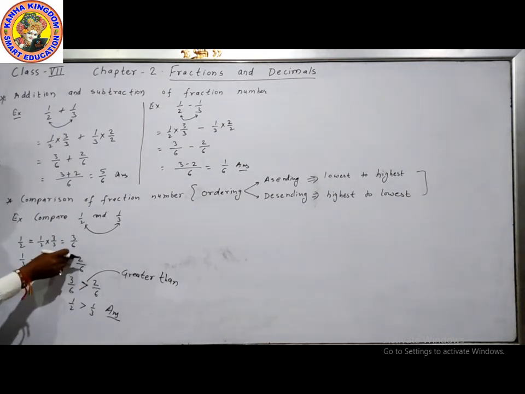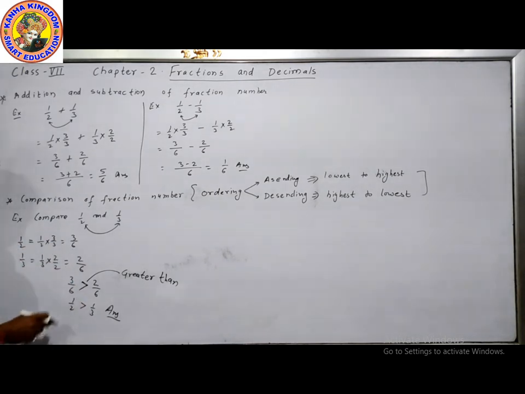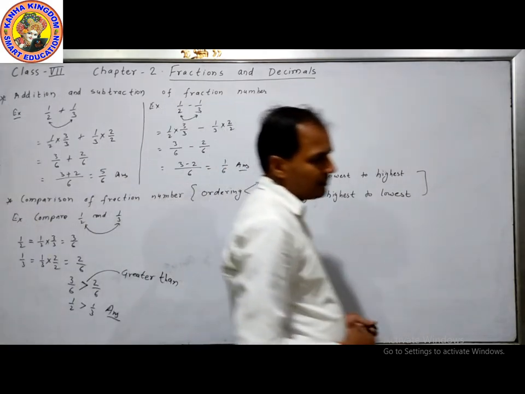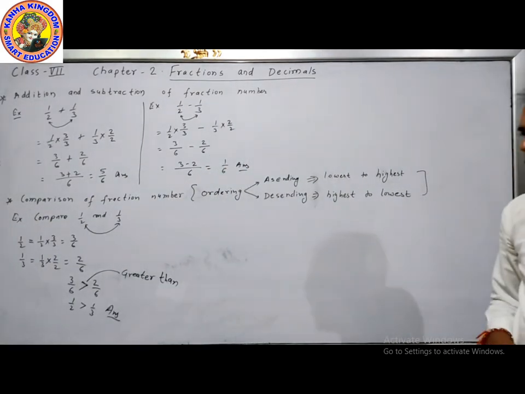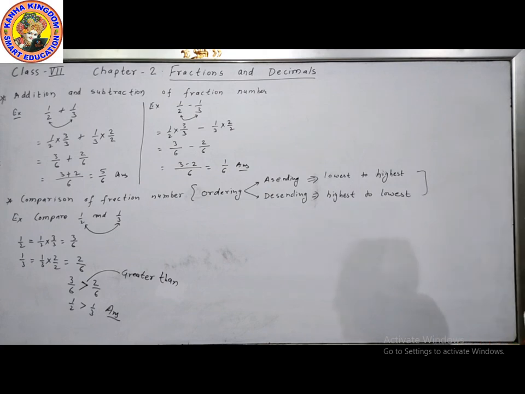Which number is 2 by 6? 1 by 3. Then we can say that 1 by 2 is greater than 1 by 3. This is a question on comparison of fraction numbers. So students, we will take more questions from our exercise. You can take a screenshot of this. We will move to another question.